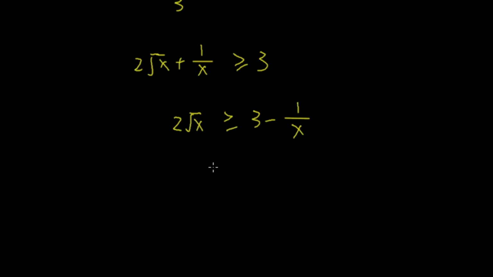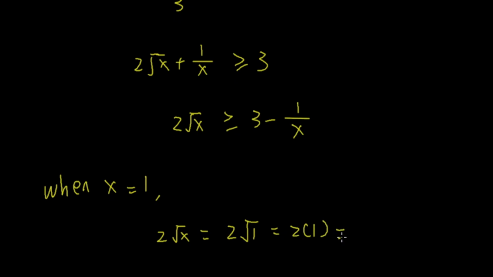So what happened here? Notice that when x is equal to 1, then 2 square root of x equals 2 times square root of 1, which is 2 times 1, equal to 2.